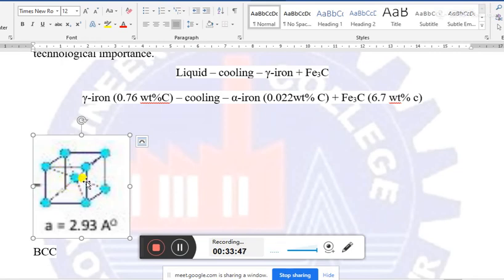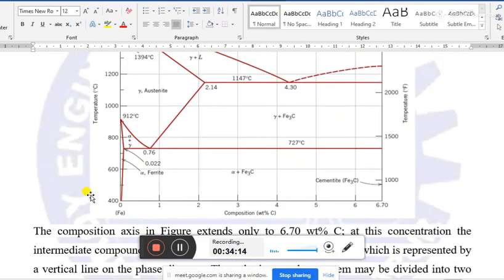That's why the placement of a carbon atom in this type of structure is very hard. There is no vacant space in this structure. That's why in the ferrite or alpha iron state, the solubility of carbon is very low.